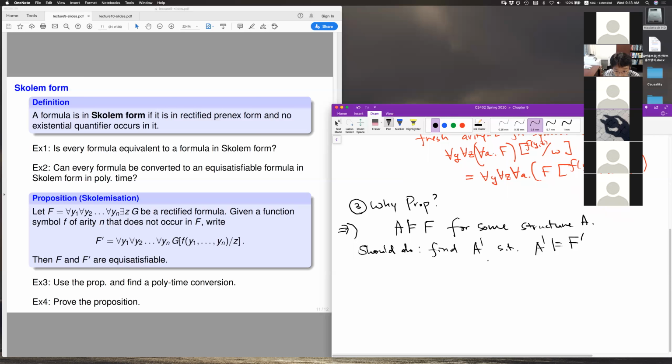A prime and A are in some sense over different signatures. A is of a signature that doesn't contain the newly introduced function symbol small f, so A doesn't say anything about f. The new structure A prime should say something reasonable about f.